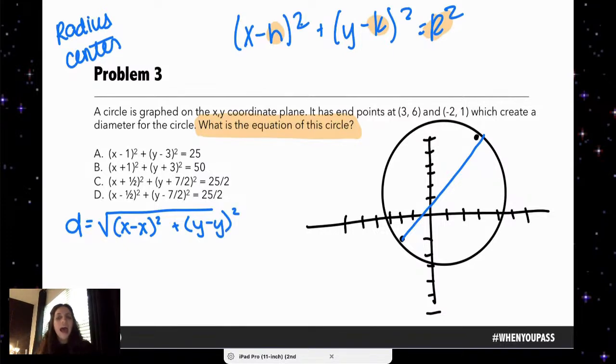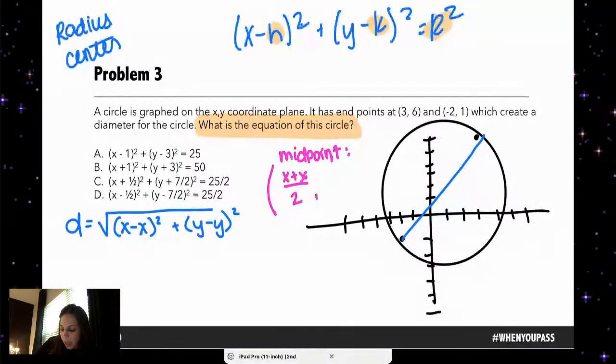I can also use the midpoint to find my center, because if this is a diameter, the midpoint is exactly in the middle of it. The midpoint formula is (x plus x) divided by 2 and (y plus y) divided by 2. These are both formulas that you need to know.